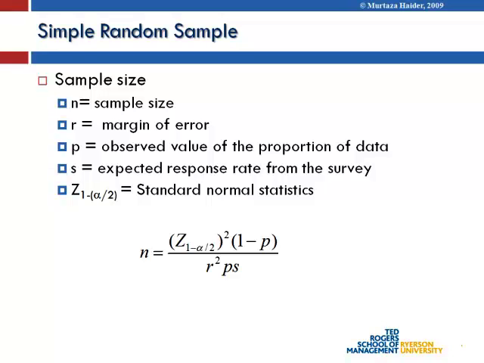Z in this case for a 95% confidence level is usually 1.96, and you can obtain these values either by using R Commander or Microsoft Excel, or, as I mentioned earlier, these tables are reported in most statistics books.